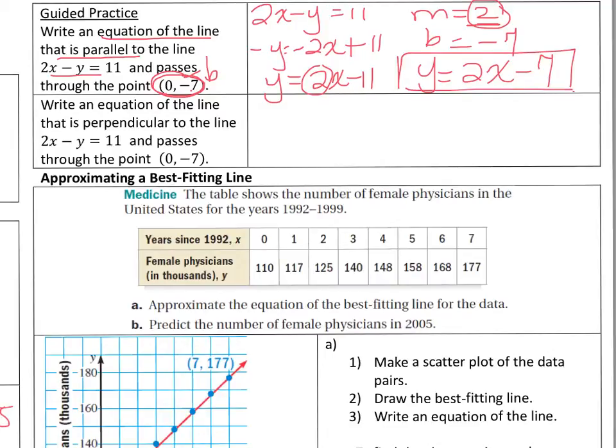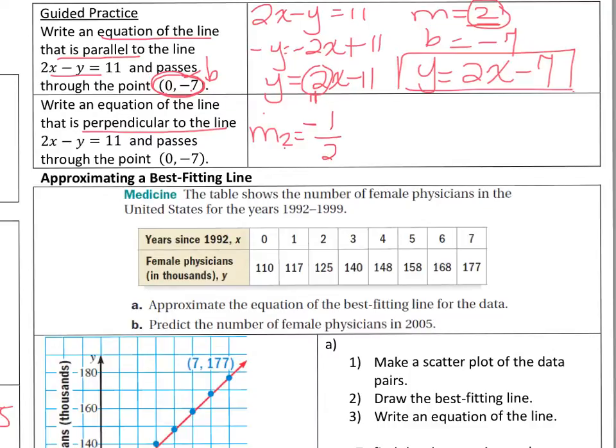Okay. The next problem, I'm looking for a line that is perpendicular to this same given line. Since I already calculated the slope, all I have to do is find the negative reciprocal of it. So I can flip 2 and change the sign.